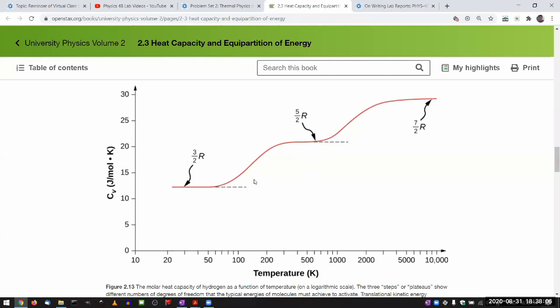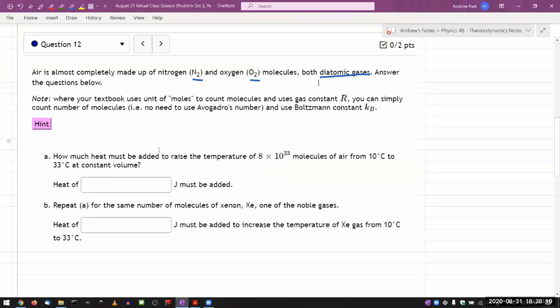So that's what you have to know for answering this question: you are dealing with diatomic gas, so the degree of freedom that you are considering is 5. That's just something that comes from the fact that it's a diatomic gas.